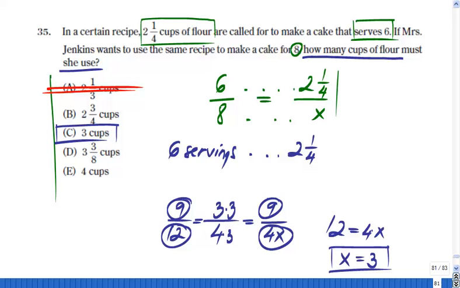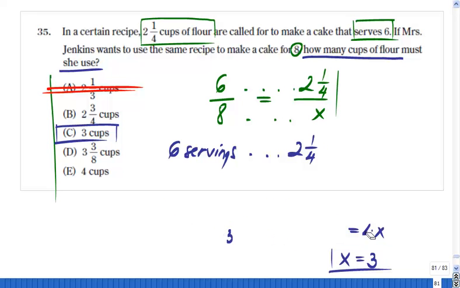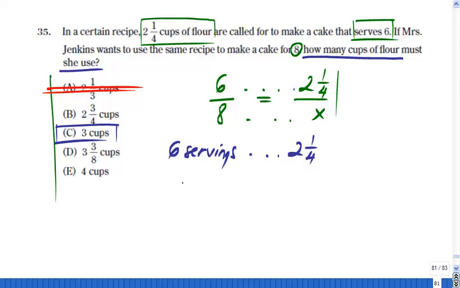You should change that 2 cups and a quarter into quarters. So now for 6 servings, you need 9/4 cups.